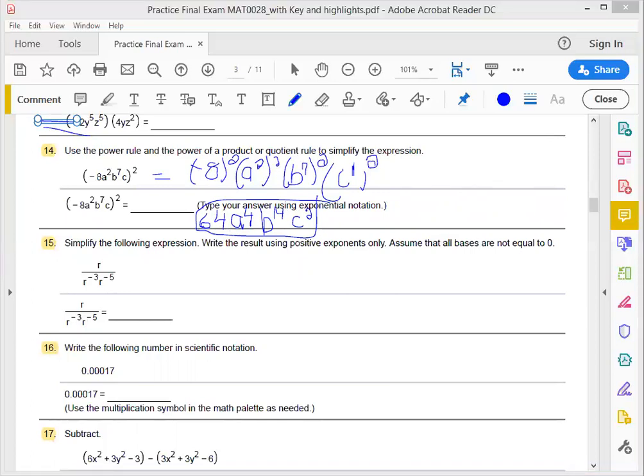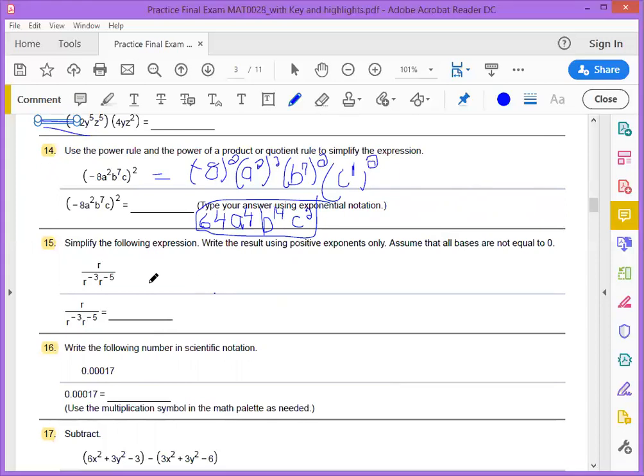Now, when we look at number 15, we're dividing now. Remember that r by itself is the same thing as r to the 1st power. But what we want to do is combine those powers in the denominator. Because they have the same base, we can just add their powers. So -3 minus 5 will make that r to the -8th power in the denominator.